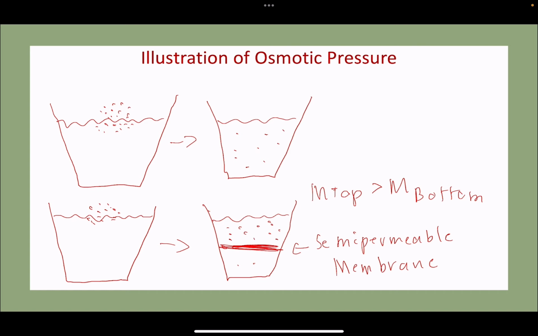In order to restore equilibrium, the water molecules in the bottom region will try to push through this membrane and enter the top region. The amount of pressure exerted on the membrane by these water molecules is called the osmotic pressure.